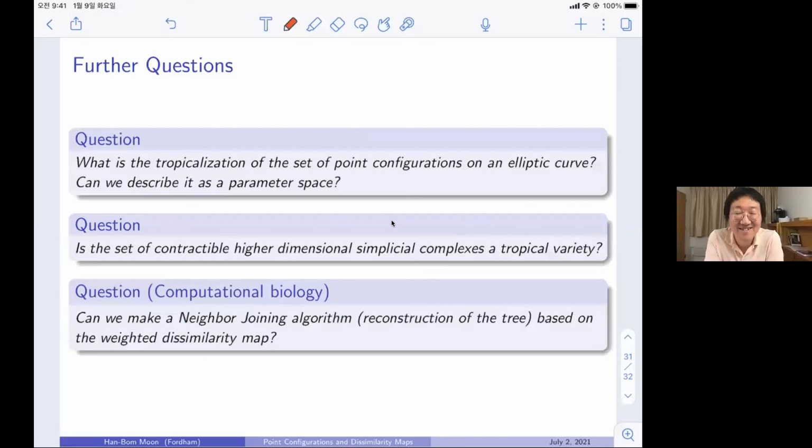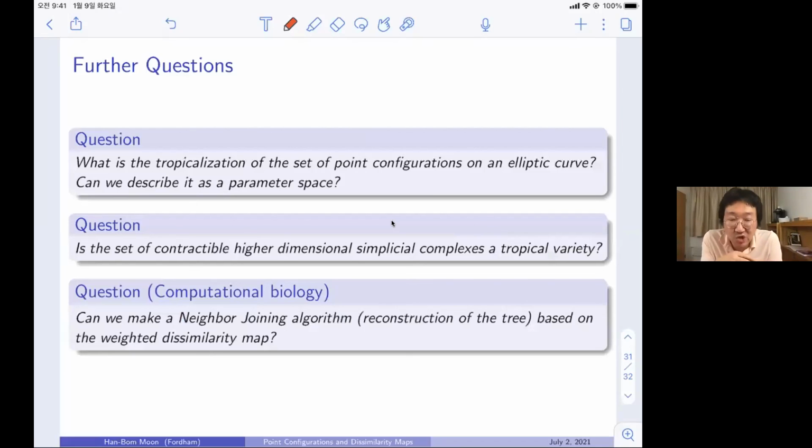Yeah, that's a great question indeed. I would like to say that as far as I know, this is one very important missing piece in tropical geometry at this point. By nature, the tropical variety behaves very well with the torus action. However, for any tropical variety, it is very difficult to define a tropical group action.